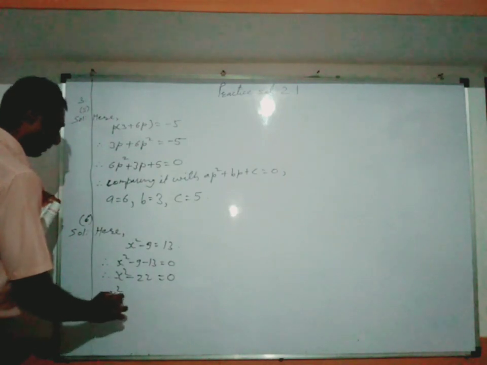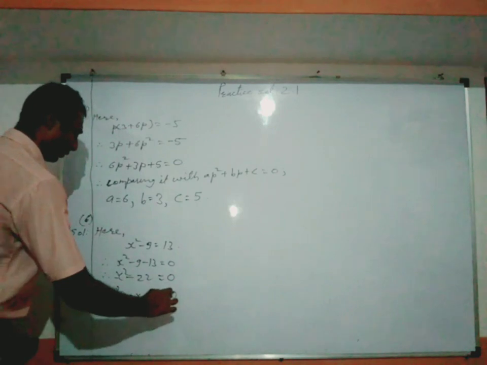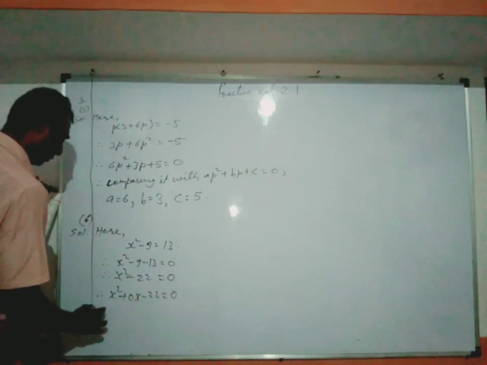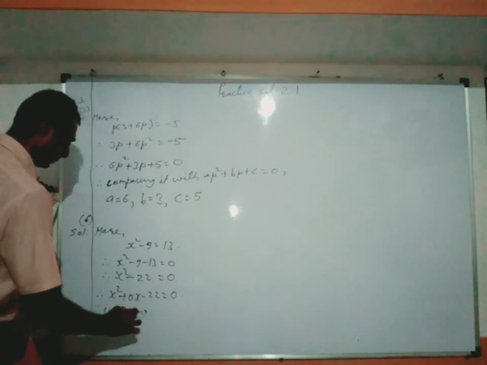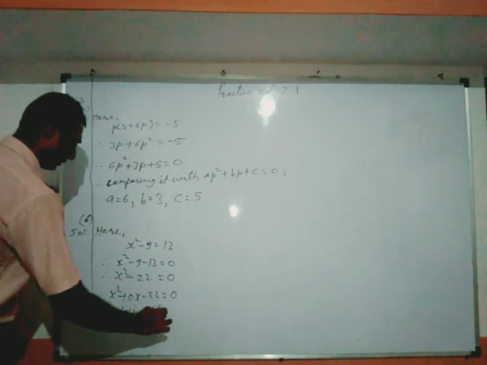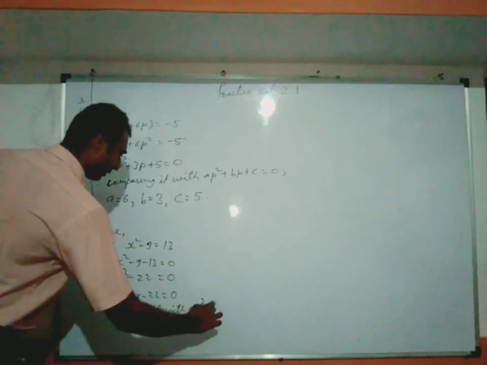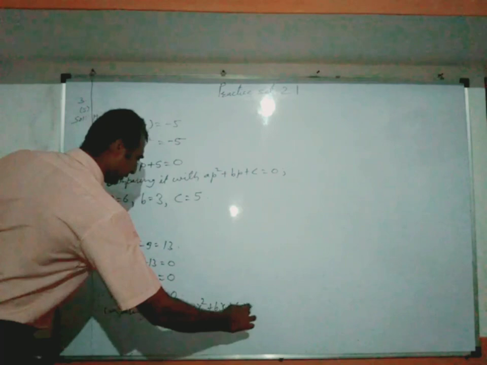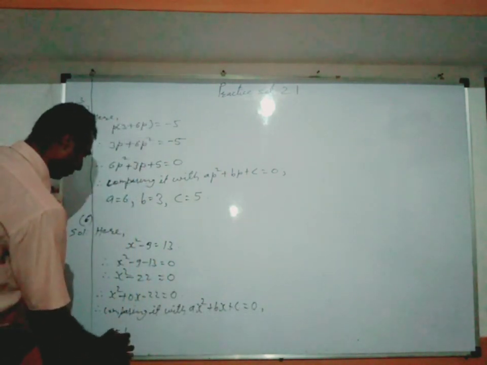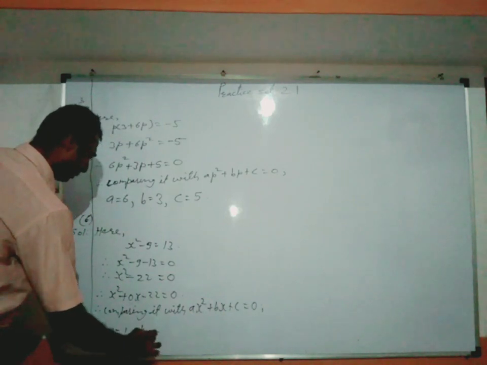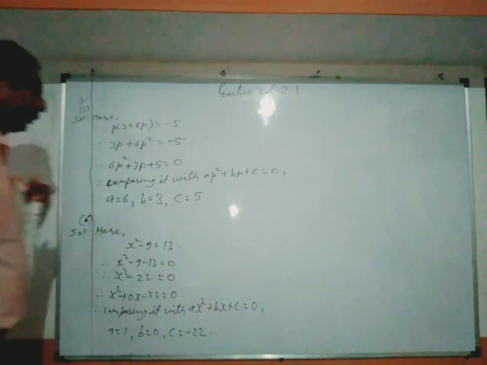It will be x square plus 0x minus 22 equals 0, and therefore comparing it with ax square plus bx plus c equals 0, we can write a equals 1, b equals 0, and c equals minus 22.